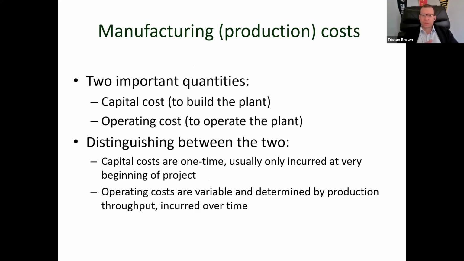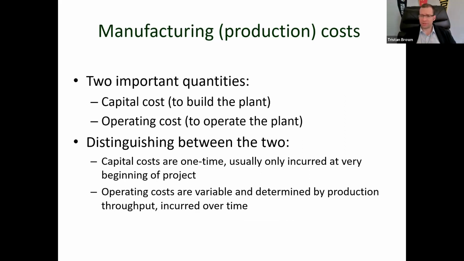Okay, so when we look at a TEA, there are a couple of major variables that are the most important of everything that we have. That really comes down to the production cost, or you could also call it the manufacturing cost. When we talk about a production cost, let's say you're talking about cellulosic ethanol, because we've been using that example. The production cost is literally the cost to produce a gallon of cellulosic ethanol at a particular type of facility, right?